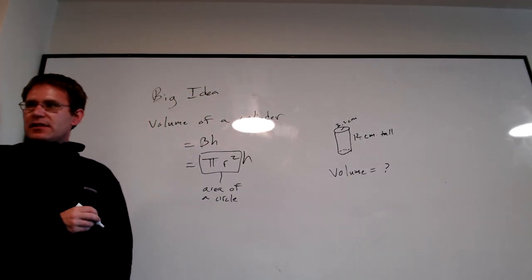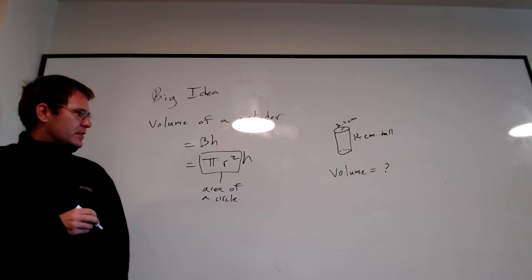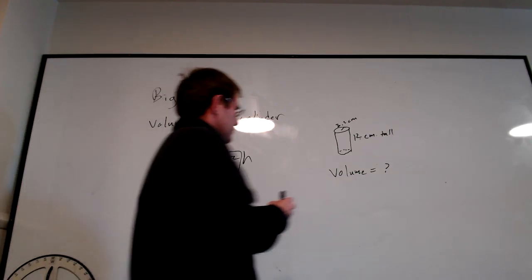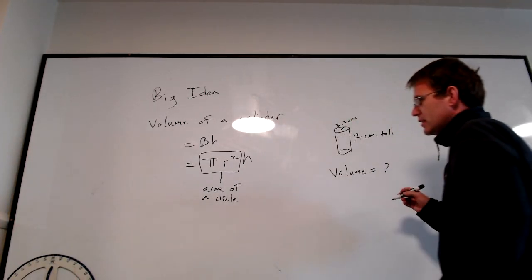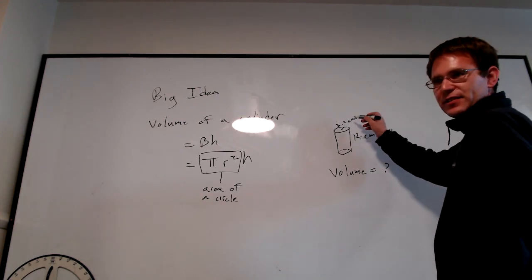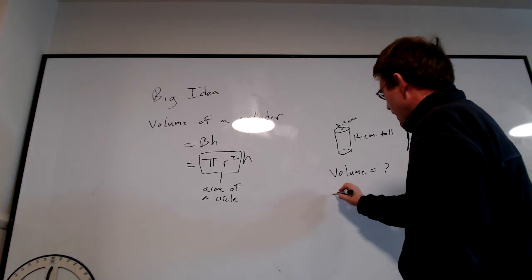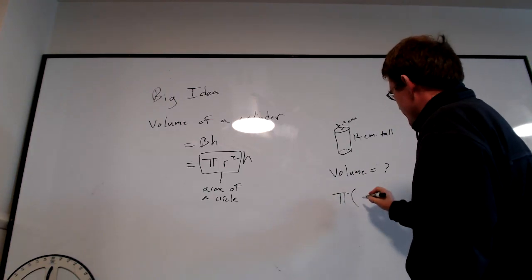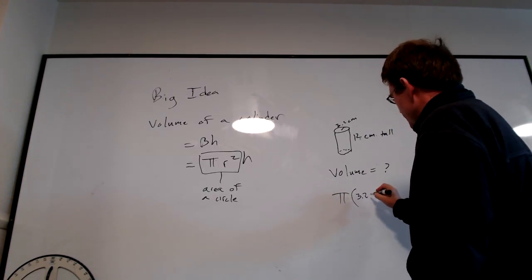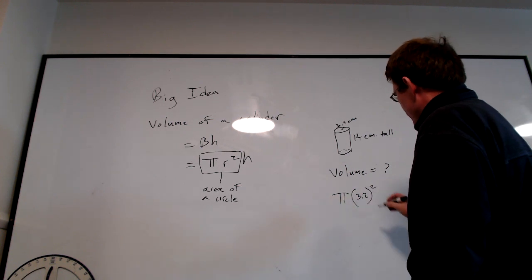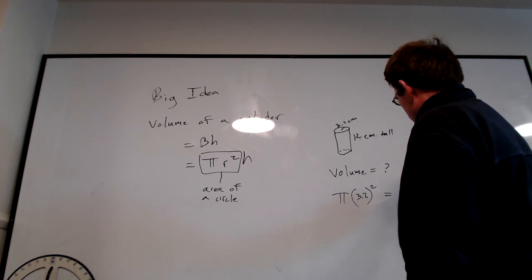You would do pi times 3.2 centimeters, and then you would want to square the radius. Which is 3.2, the radius, right? Okay, so it would be pi times 3.2 squared.